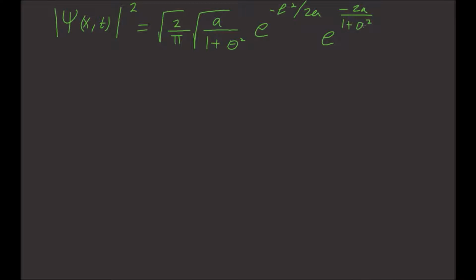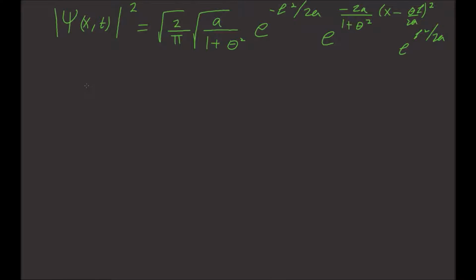Remember, this is the term in the bracket, times x minus theta times L divided by 2a. This is squared, times e to the L square divided by 2a.